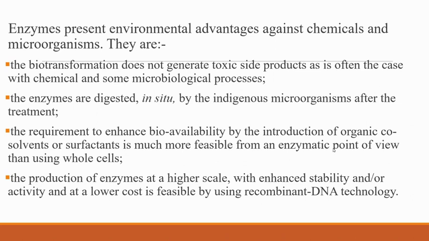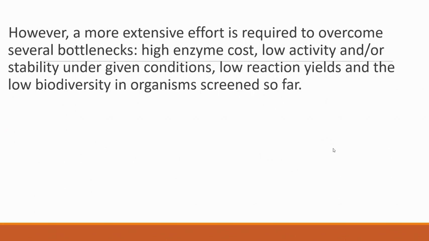Okay, the production of the enzyme at a high scale with enhanced stability and/or activity and a lower cost is feasible by using recombinant DNA. In other words, what you are just trying to explain here is that when you use recombinant DNA technology to get this enzyme, you can generate enzymes that have a wider scale of application than using chemical agents or some microorganisms.